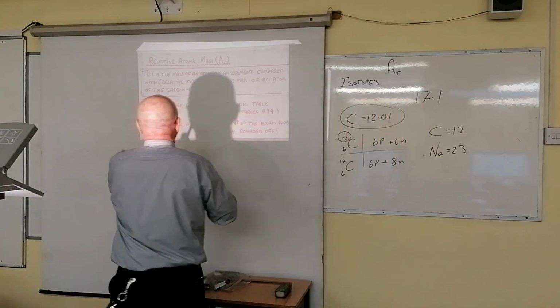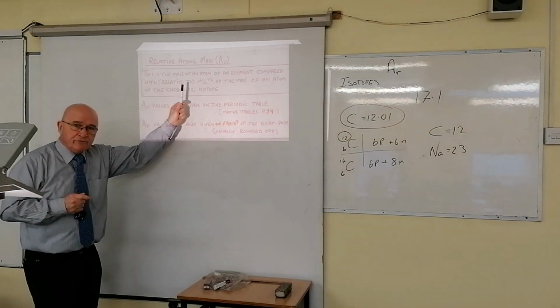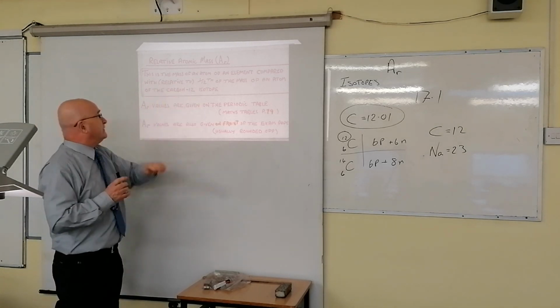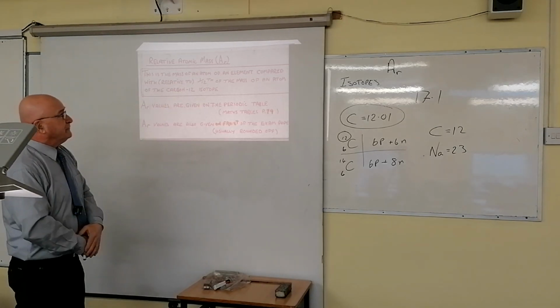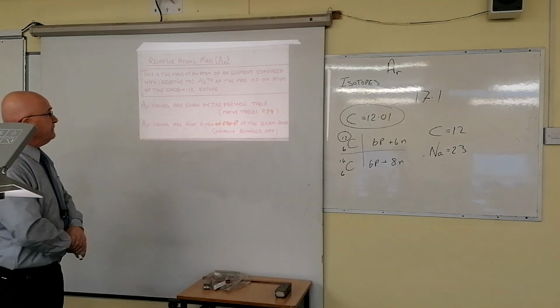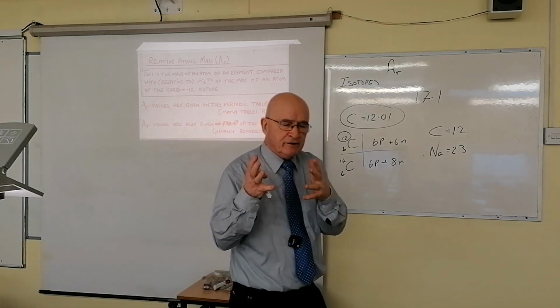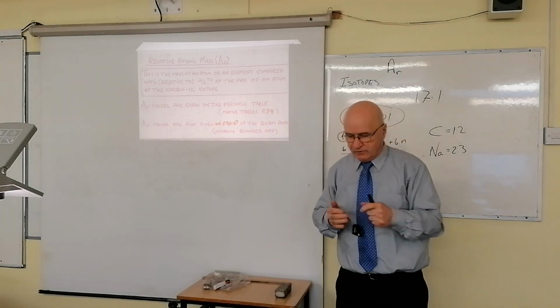So there for the moment is how we're defining that. I'm going to give you a formal definition for this. That's a narrative or a description of what you're trying to say. This is the mass of an atom of an element compared with 1/12 of the mass of the carbon-12 isotope. So there's an agreed unit called 1/12 of the carbon-12 isotope.